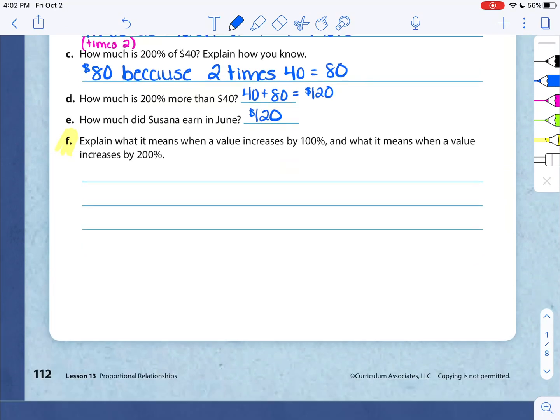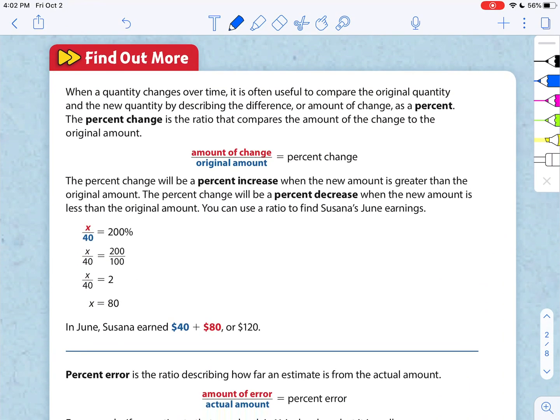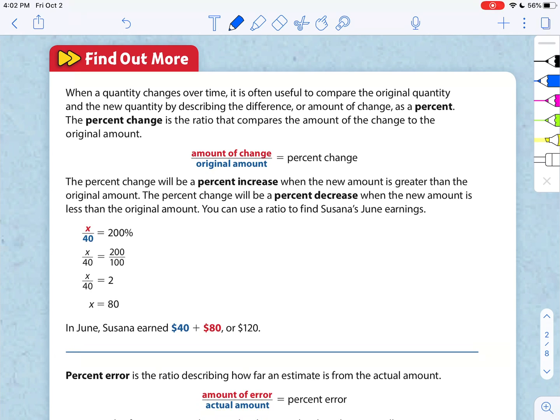Let's find out a little bit more about percents that increase and decrease. When a quantity changes over time, it is often useful to compare the original quantity and the new quantity. Comparing the original to the new by describing the difference or the amount of change. And a lot of times we do that as a percent.